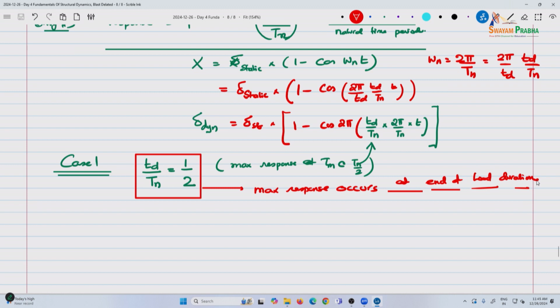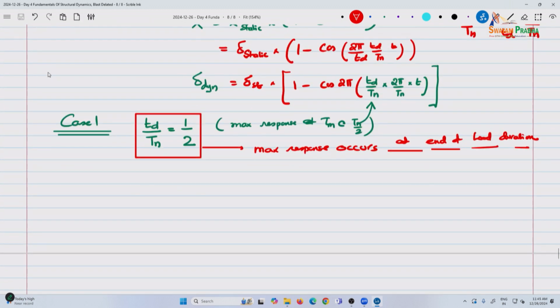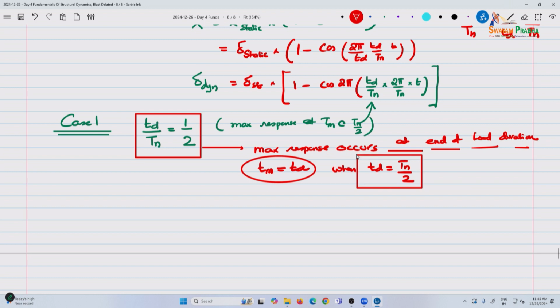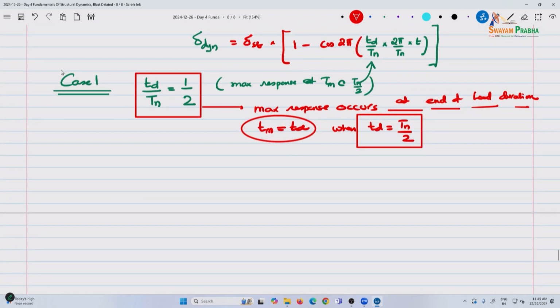So here, if you see, this is Tm, is at Td, when your Td is equal to Tn by 2. Now we start getting scenarios.